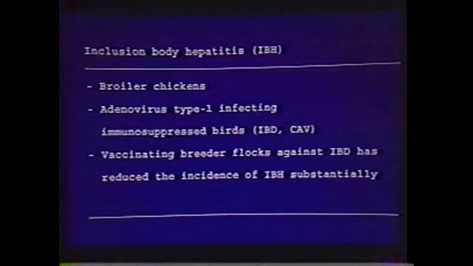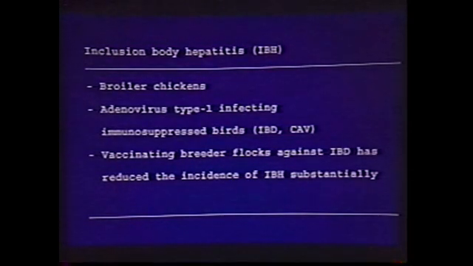The incidence of inclusion body hepatitis went down very low after producers started vaccinating breeder flocks against infectious bursal disease. So the disease was very common in the 60s, early 70s, until the discovery or production of the IBD vaccine. We see it very rarely nowadays.